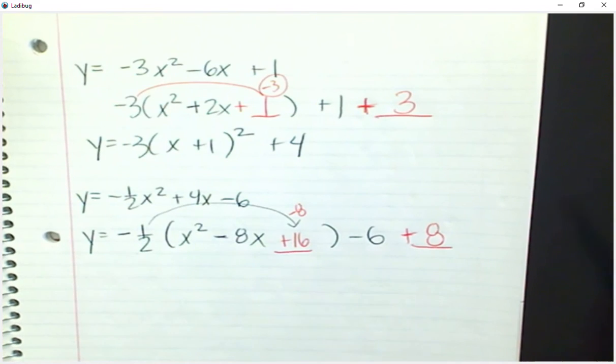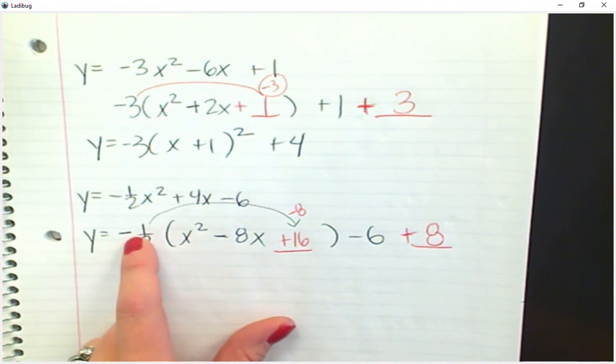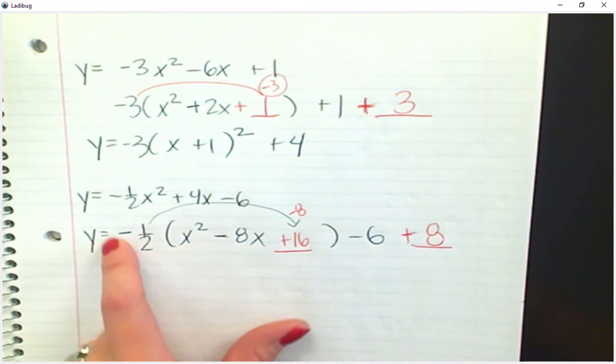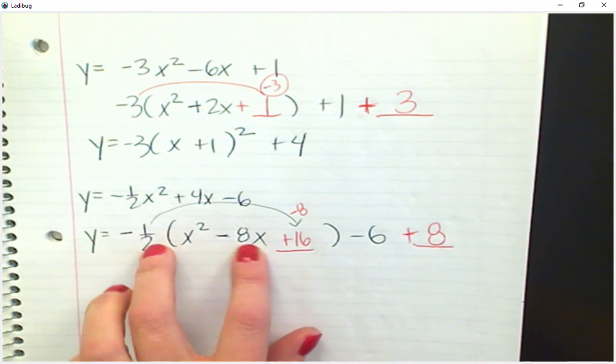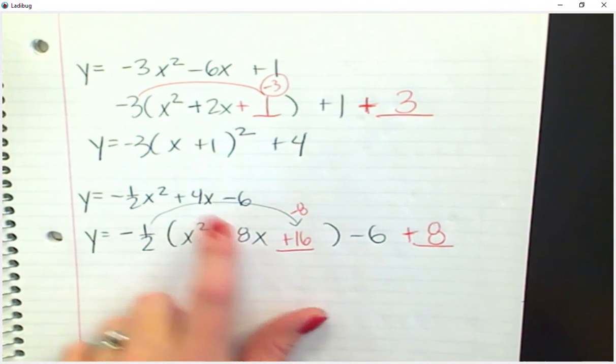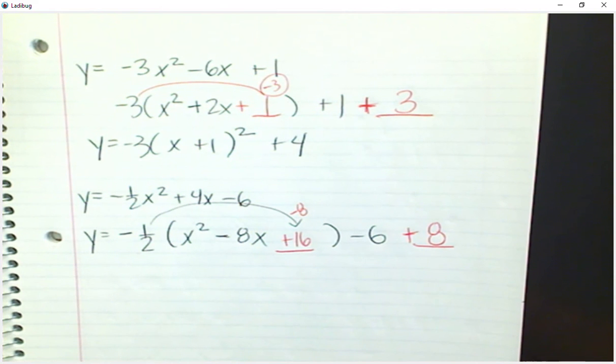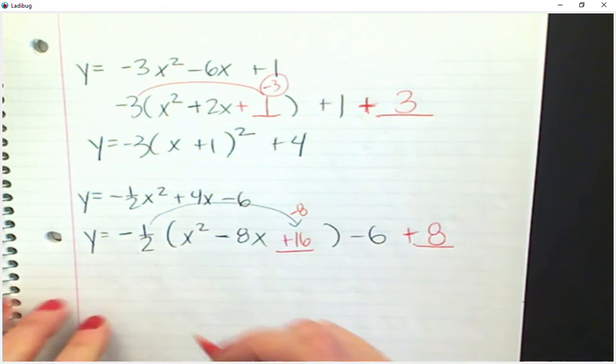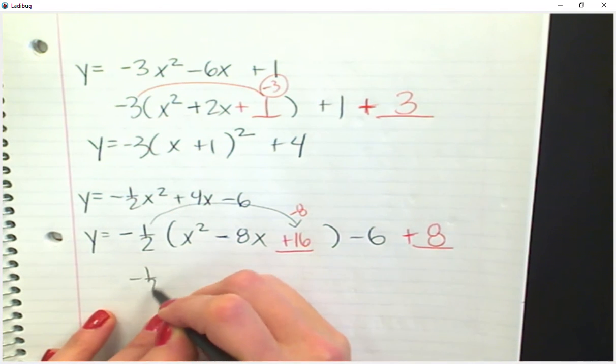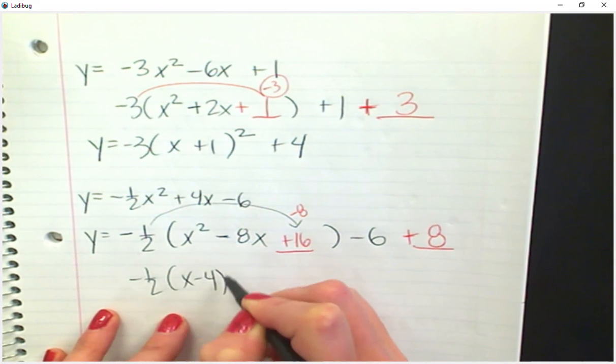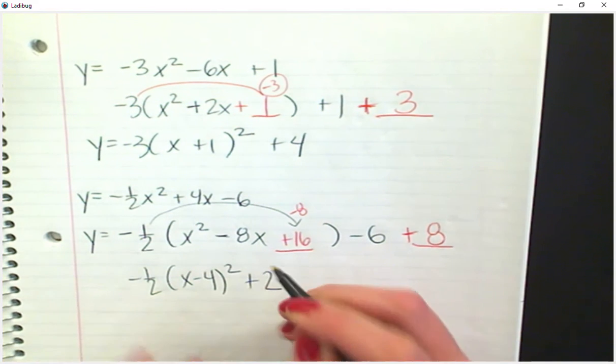Okay, redistribute. -1/2 x squared plus 4x. When you redistribute it, it needs to equal the line above it. I'll finish it and then I'll show you something else. Okay. X minus 4 squared plus 2.